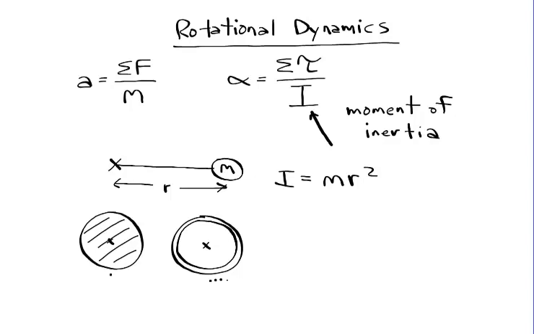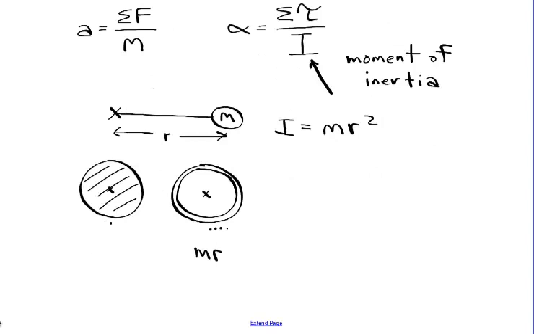And there are formulas that will allow you to calculate the moment of inertia for various shapes. If you look in your packet for this chapter, I included a table that shows all the formulas. You can derive all these formulas using calculus, but I'm sure you guys are not interested in doing that, and that's because this is not a calculus-based physics class. For this hoop here, the moment of inertia would be mr squared, just like the point mass, because if you think about it, all the mass is as far out as it can get.